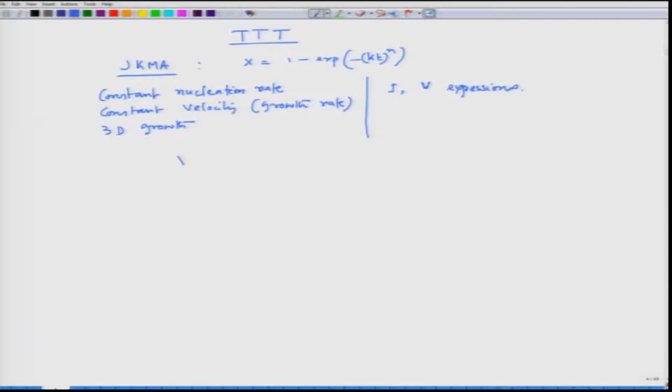And then we have gotten this formula, which is exponential of minus pi by 3 I V cubed t to the 4.